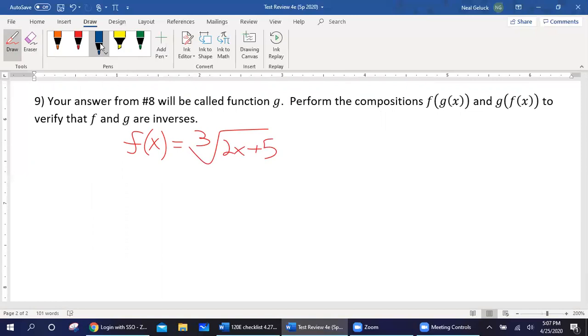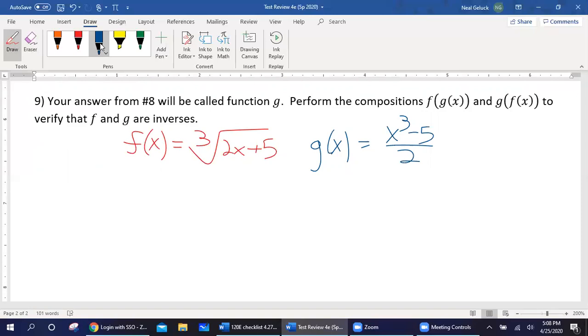And I have my g of x function, which is the inverse that I just found, x cubed minus 5 all over 2. Composing these with one another should, in both cases, lead to x as a result. They basically undo one another, and I get x out after putting x in.